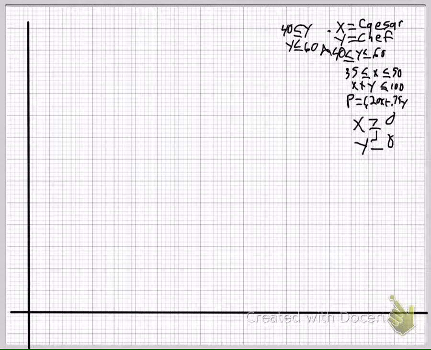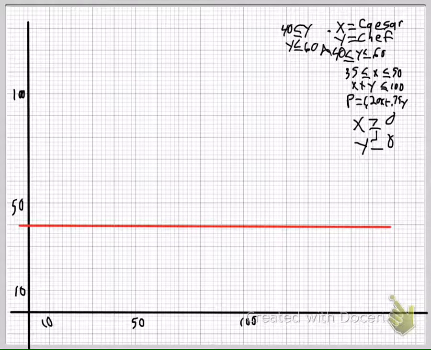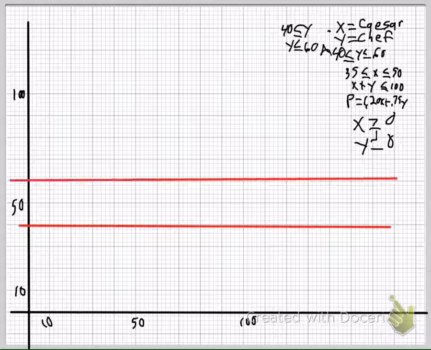So we know that, okay, that's the equation y equals 40, and we would go up from there. That's the line y is less than or equal to 60, and we go down from there. So that is the number of chef salads we're going to make.